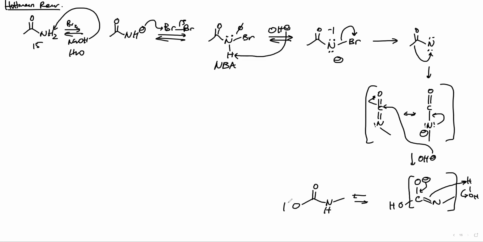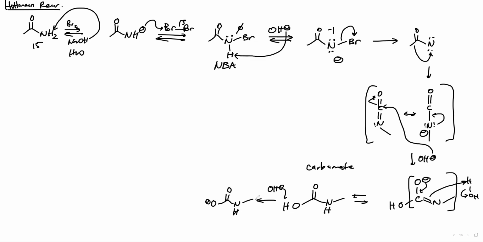Now, the next part of this is the interesting part. How do we resolve this weird structure here? This is known as a carbamate. Carbamates are pretty unstable in that they can decompose very quickly. And the way that they do is OH minus grabs this proton. This is the way that I've learned it.